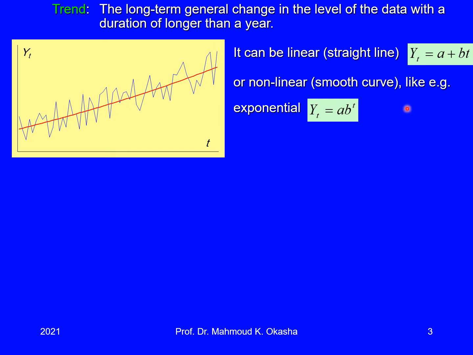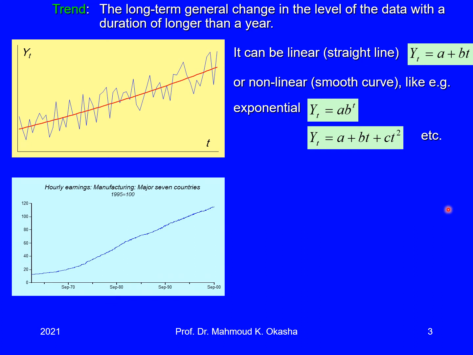All the other methods are curves. It can be exponential or logarithmic or whatever. Another equation is also nonlinear, because it contains a square here. This is a nonlinear second order polynomial. So these are curves, but we will concentrate on the straight lines.